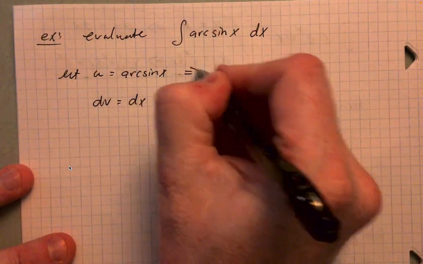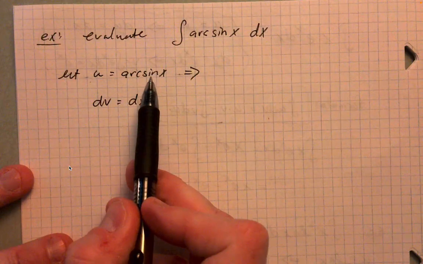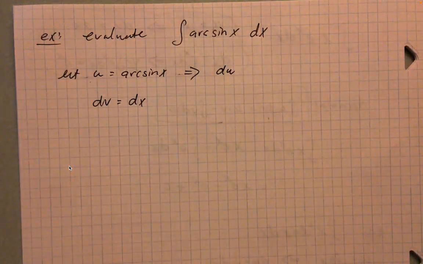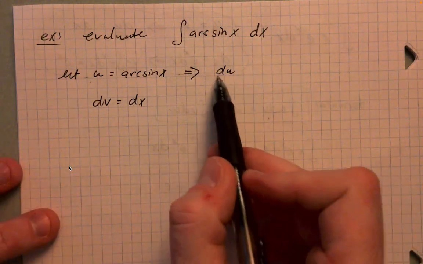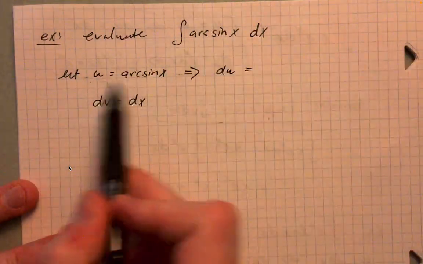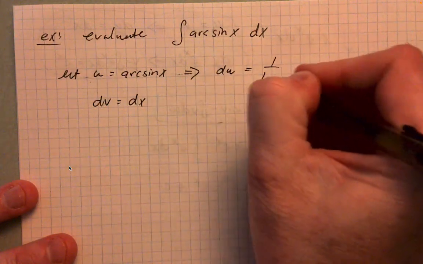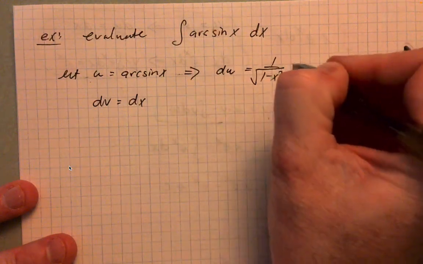Okay, so if u is arcsine, then du, well, we'll have to go back and reference some of our Calc 2 material on the derivatives of the inverse trig functions. And what we would find is that if u is arcsine, then the derivative of that is 1 over the square root of 1 minus x squared.